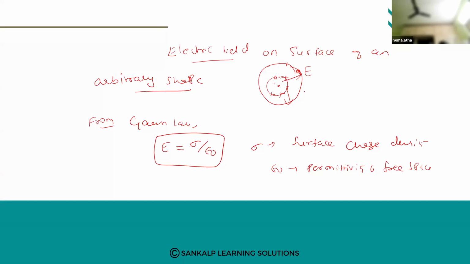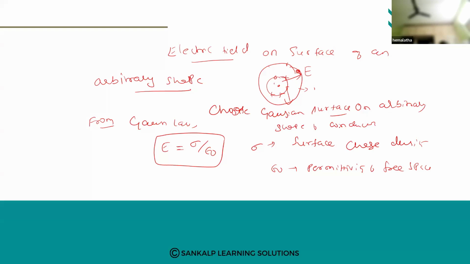So this is a Gaussian surface, chosen on the arbitrary shape of conductor.